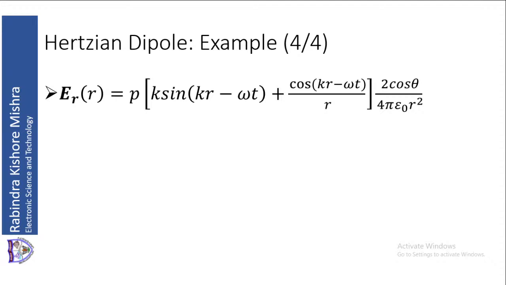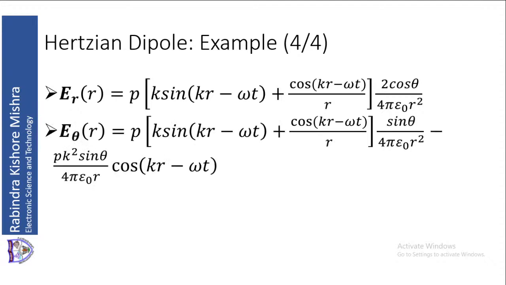Now look at this term. It has a multiplication of 1 by R square, which means this term is dropping faster than 1 by R, which means it is not contributing to the radiation. So the radial component of the electric field does not contribute to the radiation for a Hertzian dipole.